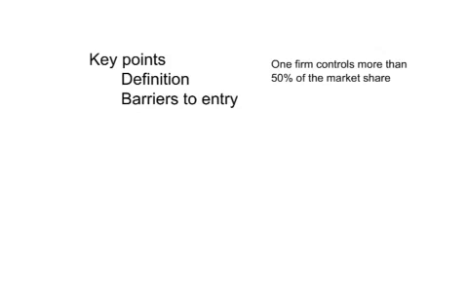The other key point, which was a question on the homework, has to do with barriers to entry. People answered this question on the homework really well, so I think barriers to entry are pretty clear that they are what they sound like, things that stop other firms from entering the market. And there's different types of barriers to entry. But barriers to entry are key to the monopoly because it allows the monopoly to have complete control over the market.